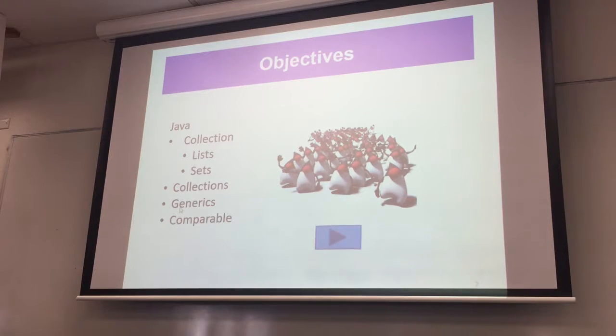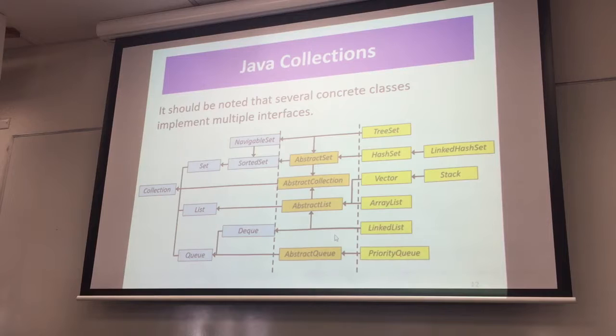And then we will look at how to write our own generic types using Java. In particular, when we have to use comparison, because we have no operator overloading in Java, you will see that you have to implement a method.